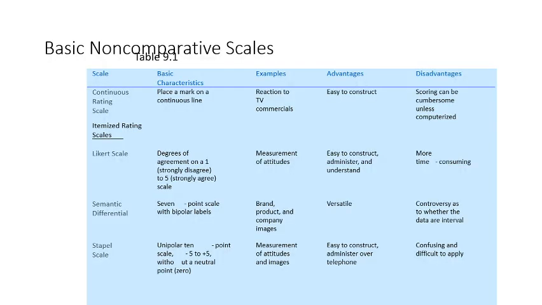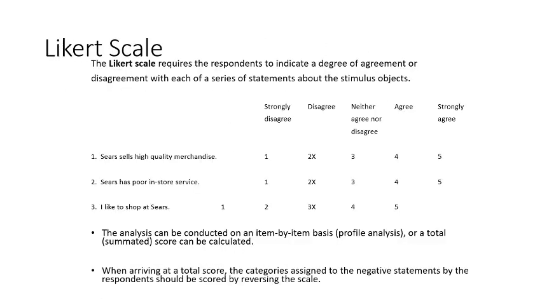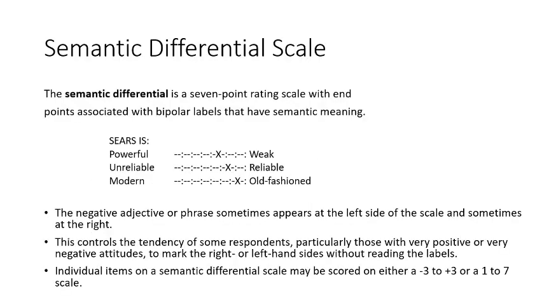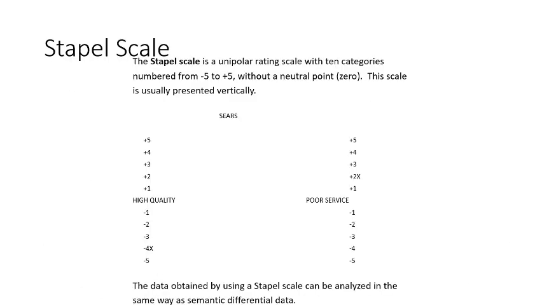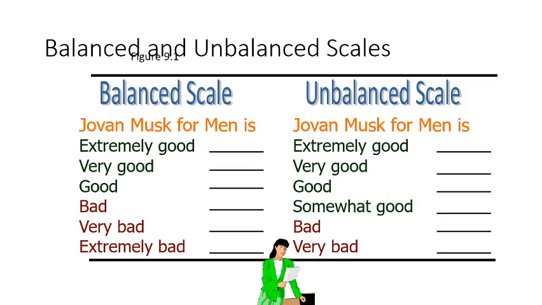Practically, when I give you an assignment, we will be covering only one. It is not possible for us to cover all these scales practically in a single class. We will be using the Likert scale, and the rest of the scales were for your basic understanding.